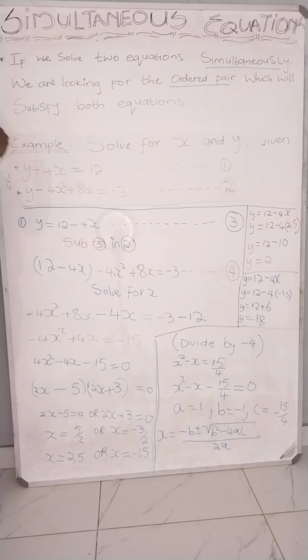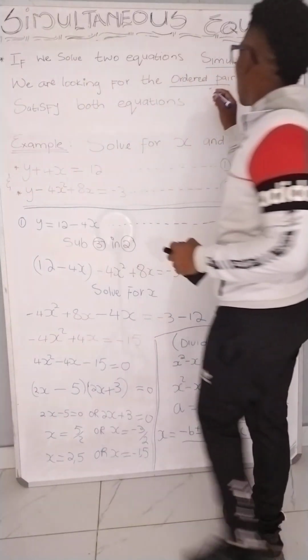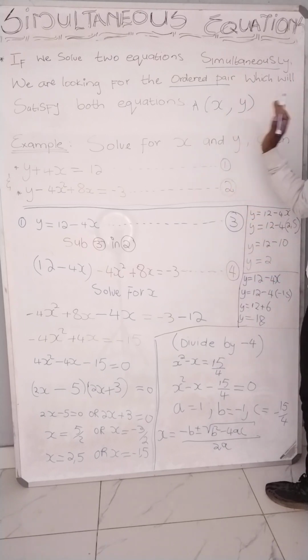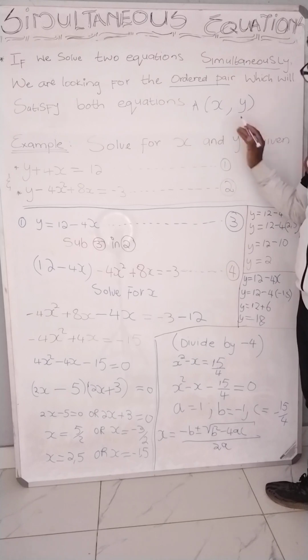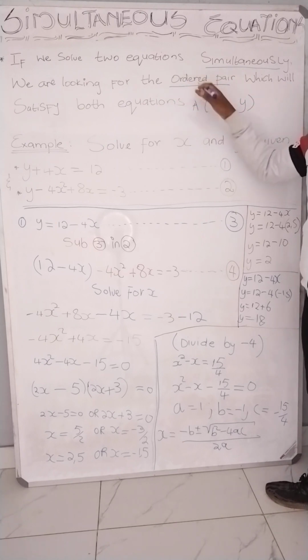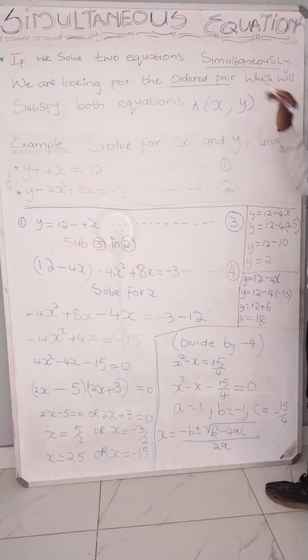Now, when we talk about an ordered pair, there is what we call coordinates of a point, which is x, y. We will cover this in a relevant section. Do not worry yourself with this. I'm only explaining this for the purpose of making you understand an ordered pair.